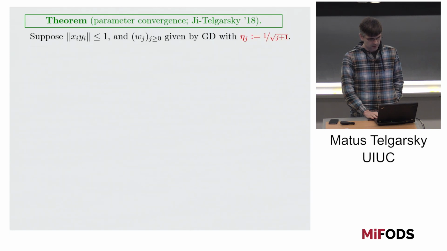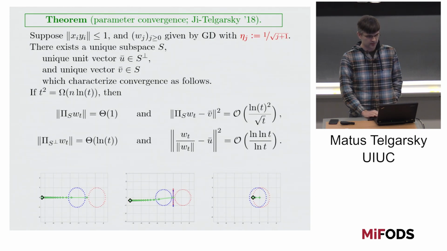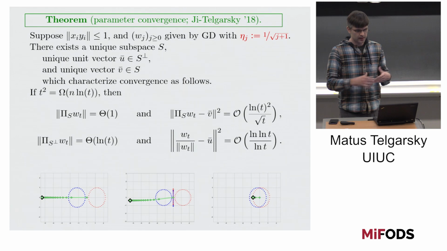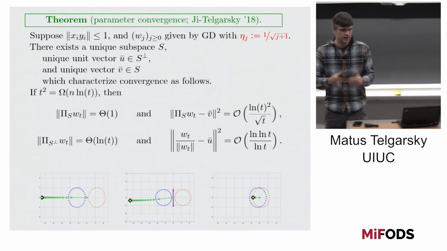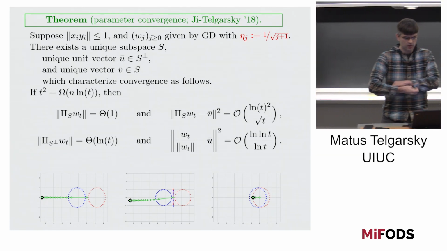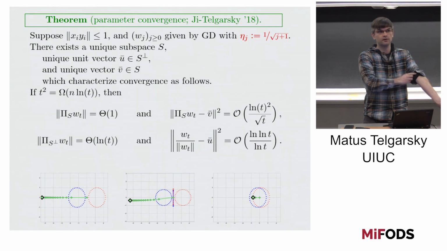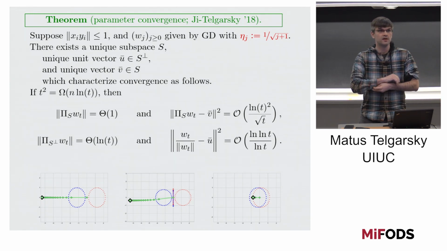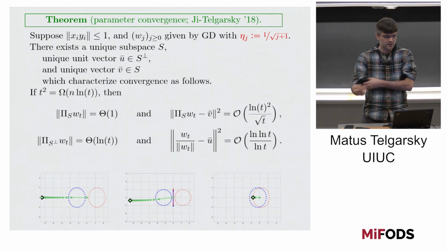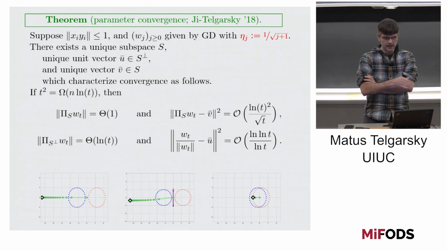And let me also say that you can prove a parameter convergence guarantee. Again, I should say that this problem does not have strong convexity, and does not have an explicit regularizer. So superficially, it does not have a unique optimum. But as in those pictures, we can characterize exactly what gradient descent is doing. And just look at all the conditions in the theorem.